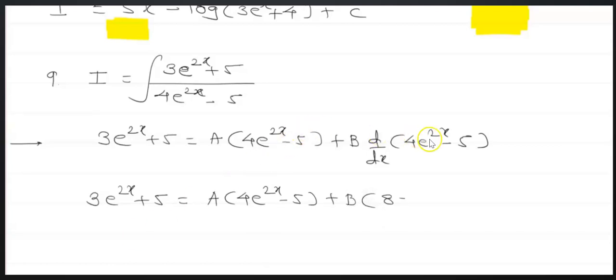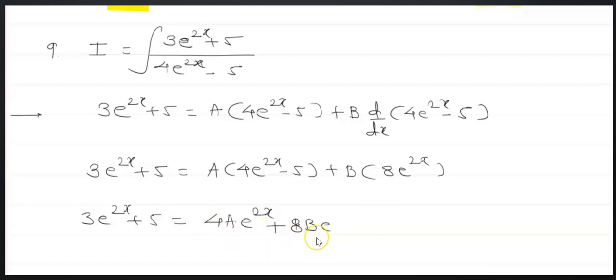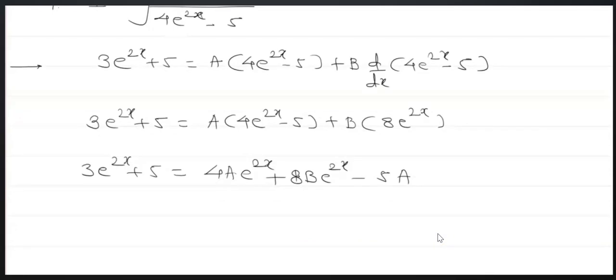What is the derivative of e raised to 2x? The derivative of e raised to 2x is e raised to 2x into the derivative of 2x, which is 2. That is b into 8 e raised to 2x. Now again compare the coefficient of e raised to 2x and the constant. Therefore 4a e raised to 2x plus 8b e raised to 2x minus 5a.